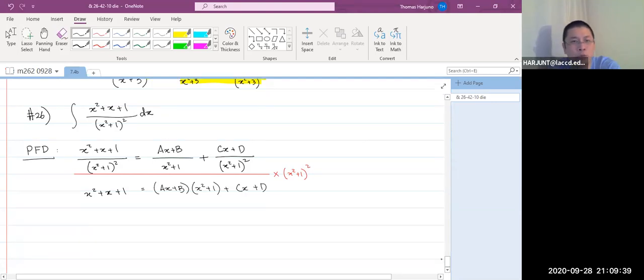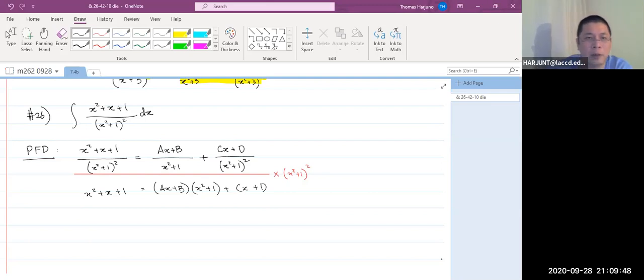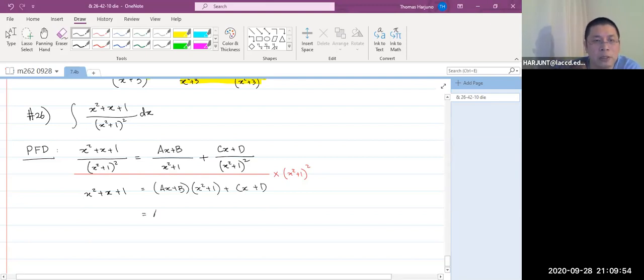Now, when it comes to this type of equation, method number one, in my opinion, is better. Let me FOIL this first. This is ax cubed plus ax plus bx squared plus b plus cx plus d.